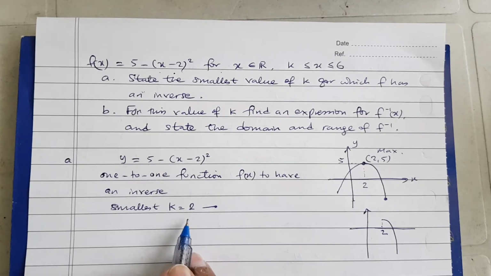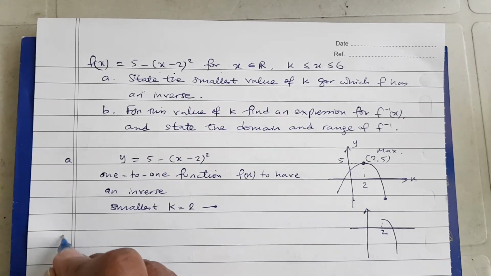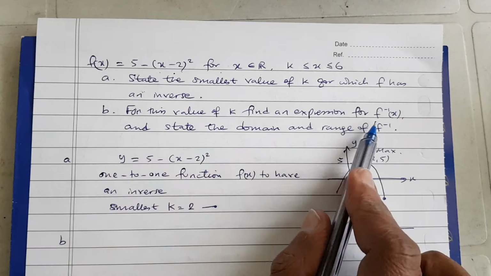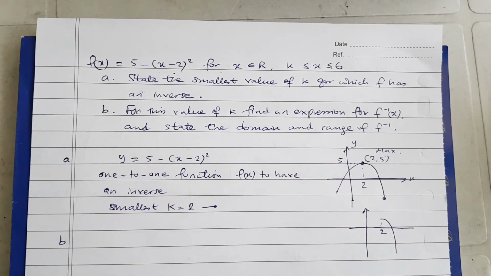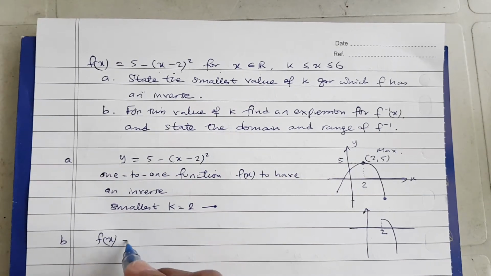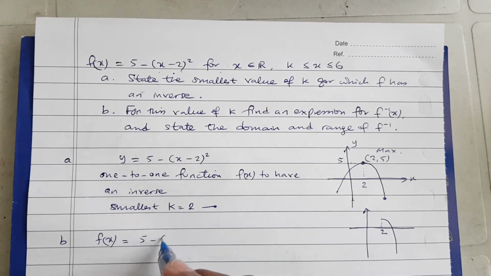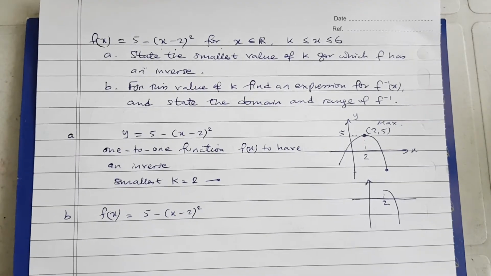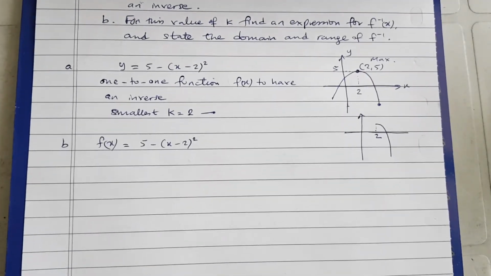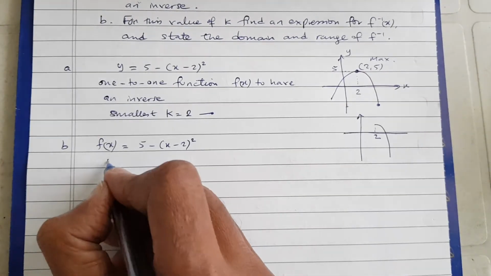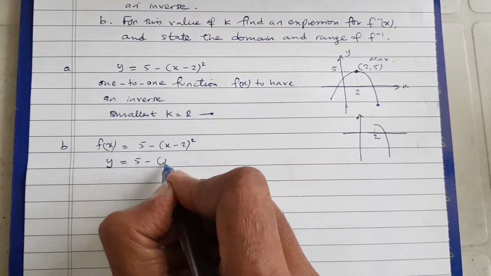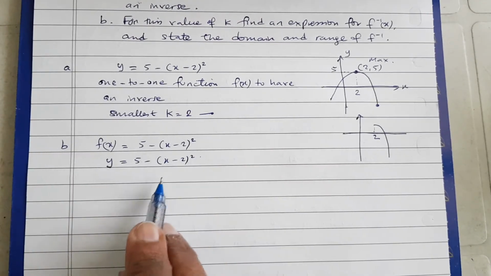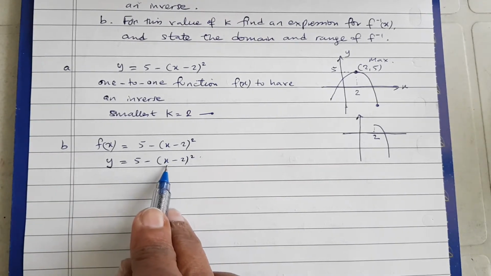For this value of k, we need to find an expression for f inverse of x. First of all, let us state again, f(x) is equal to 5 minus (x minus 2) squared. To find the inverse of this function, it's very easy. Call this y equal to 5 minus (x minus 2) squared, and rearrange to make x the subject.